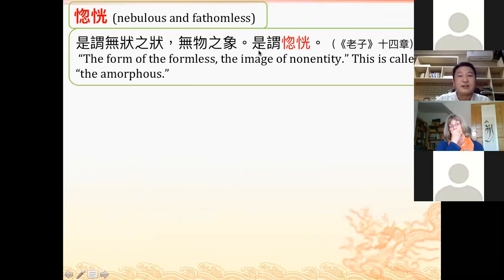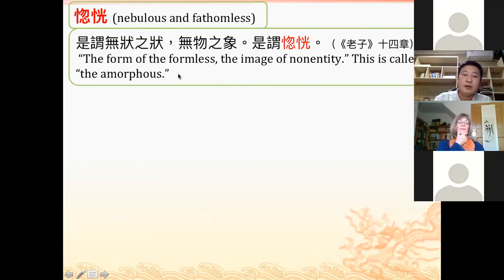Another case is 恍惚. 恍惚 in 老子 is also a very common modern term to describe nebulous and fathomless. But in 老子, it's used in reverse order. It's called 忽恍 here. So this sentence means the form of the formless and the image of the non-entity.